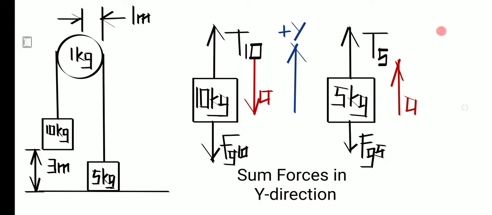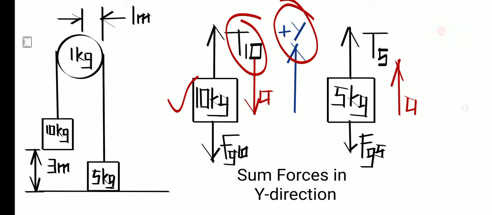We're going to define y as positive going up. If we look at the 10-kilogram mass, cables, ropes, and strings always pull against your object. So the tension of the cable on the 10-kilogram block we'll call T10. And then you have the force of gravity, which is just mass times gravity. And then we do the same for the 5-kilogram block. Similar setup.